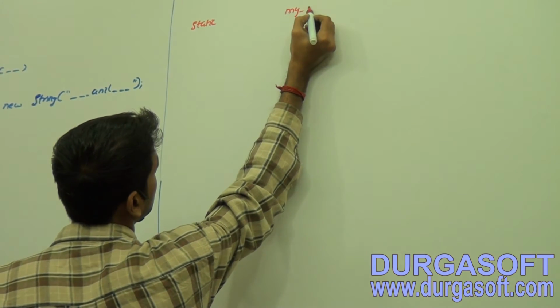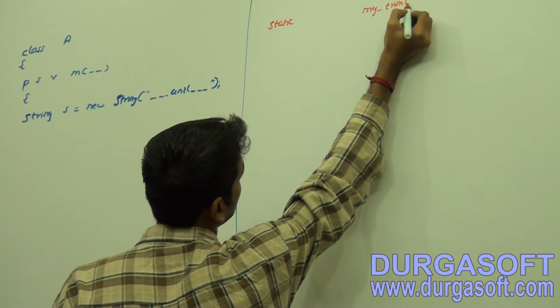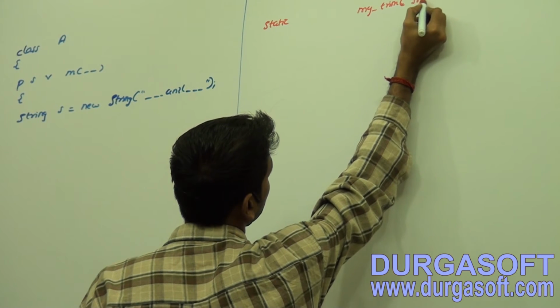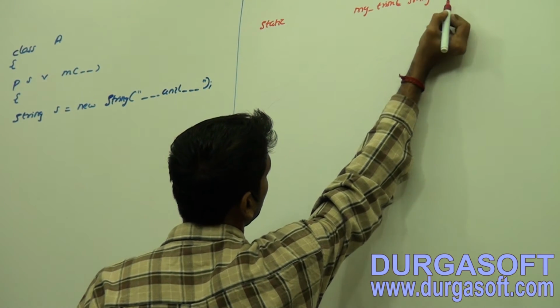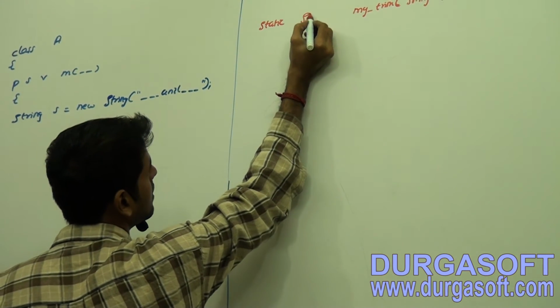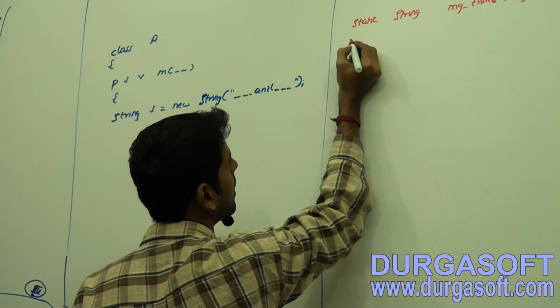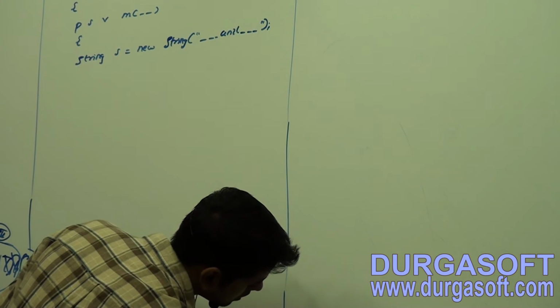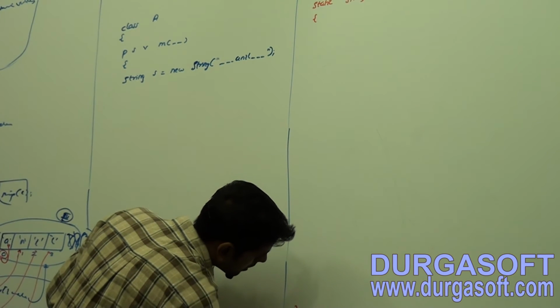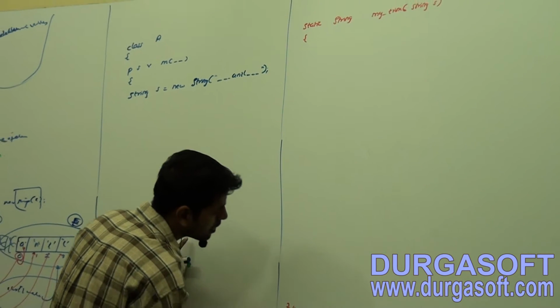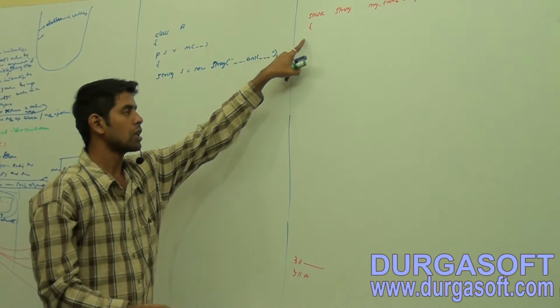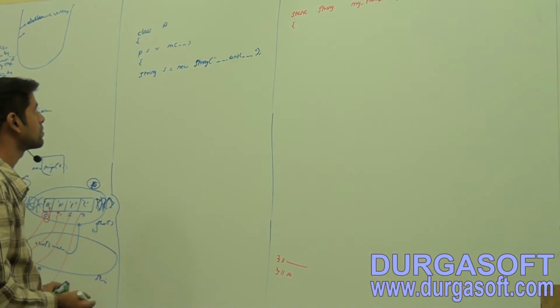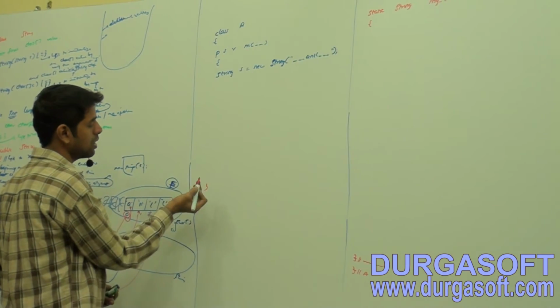My underscore trim method. Now let me use one argument of type String. Let this method's return type be String. Now this is the end scope of my trim, this is the end scope of class A, starting scope, ending scope. Now the main method scope is there here, let it be.